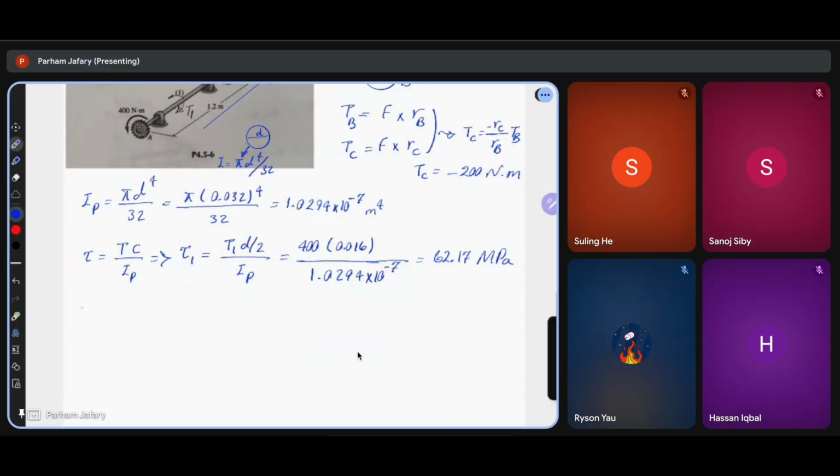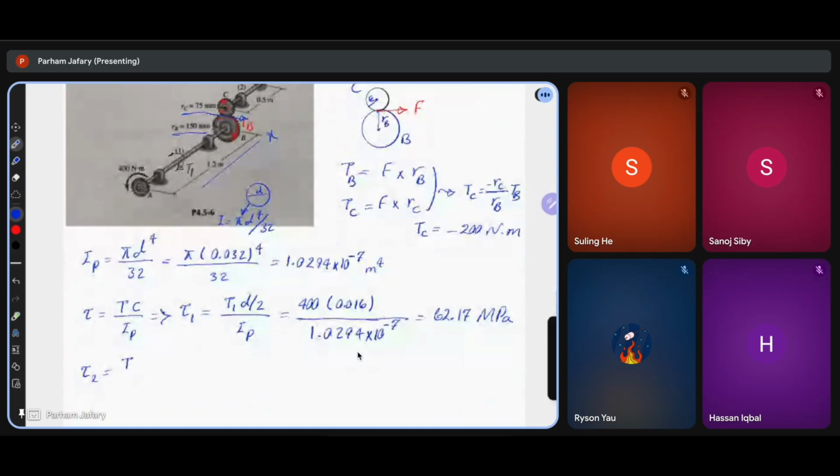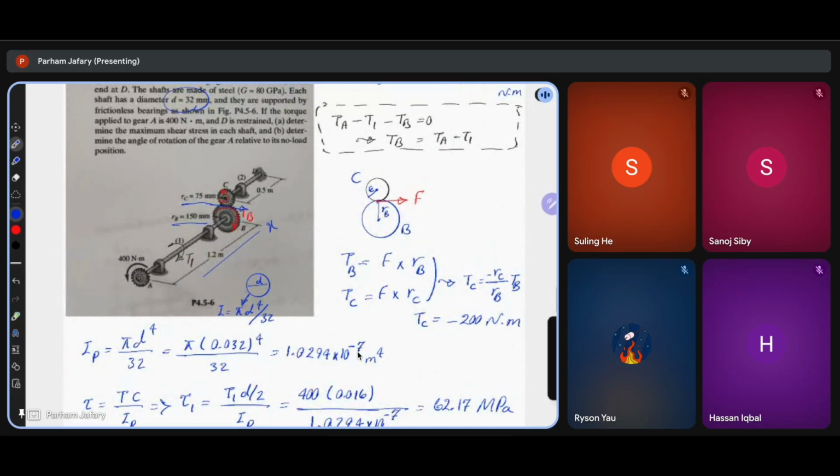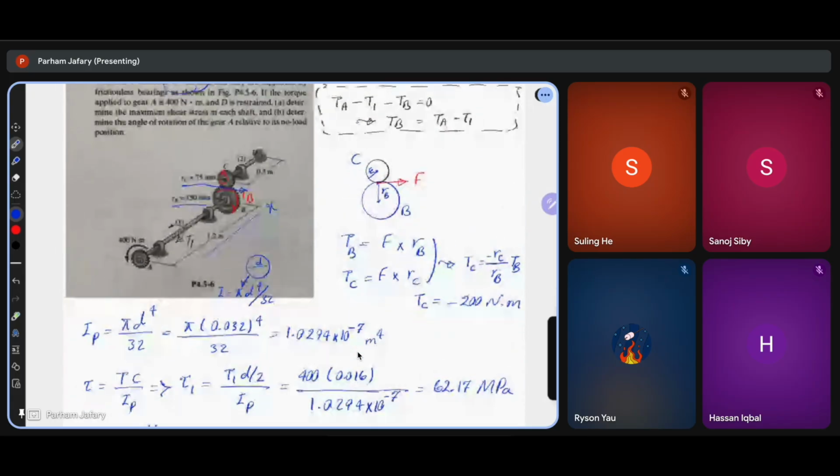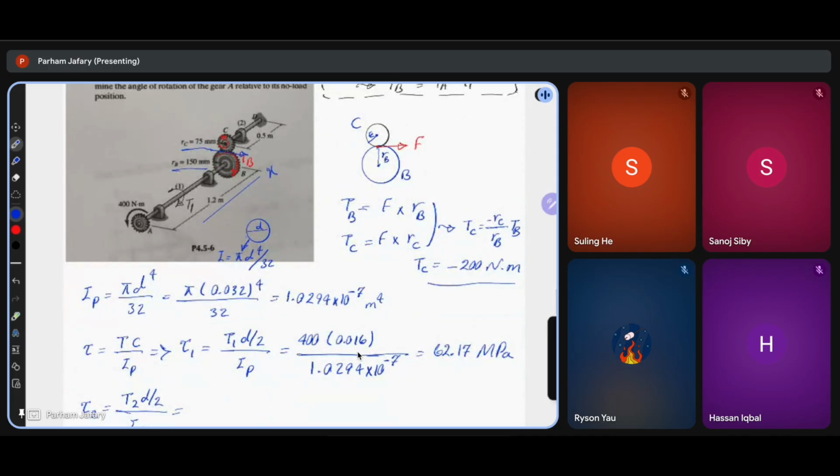Following the similar equation, in the second shaft we have T2 D over 2 over IP, and T2 in the second shaft is equal to TC, which we calculated to be 200.